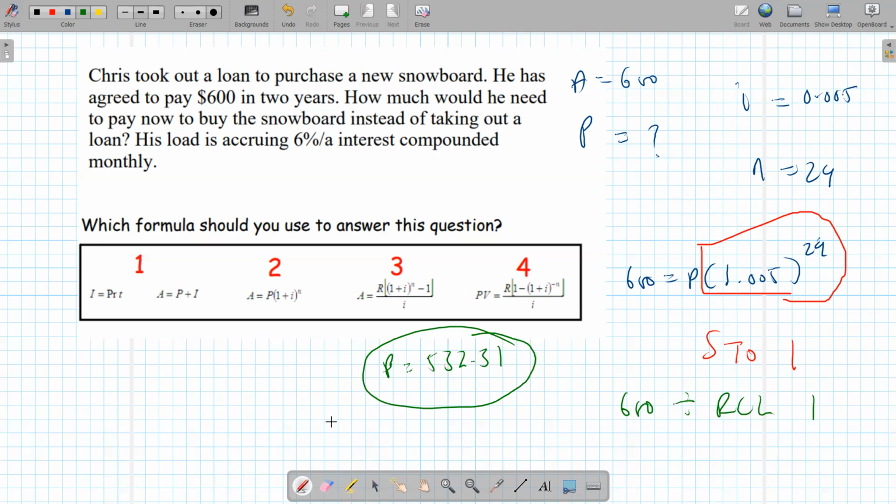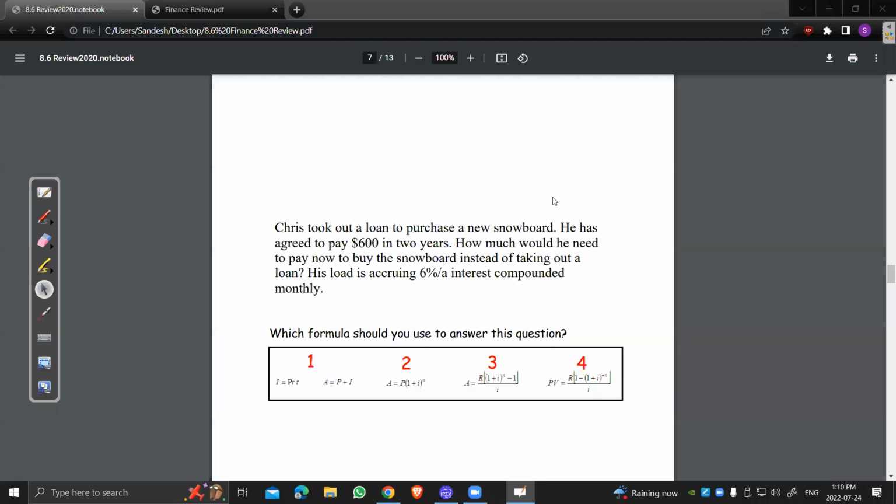That's exactly what you do. So you get 67.69 to the nearest cent, which means 2 decimals. Yeah, and you're done. Okay, 67.69, and you are done. Easy.